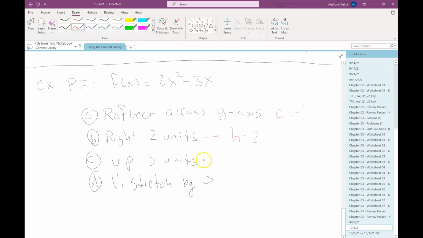Okay, how about up and down? K. Okay, and the value for K should be? 5. Good. And a vertical stretch is controlled by A, and the value of A should be +3, right? Because we have no reflection across the x-axis going on also, so it needs to be +3.